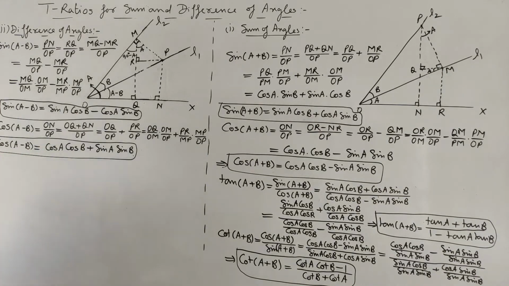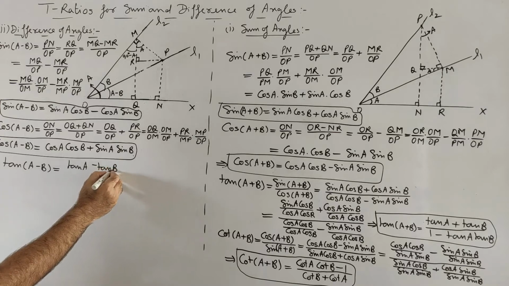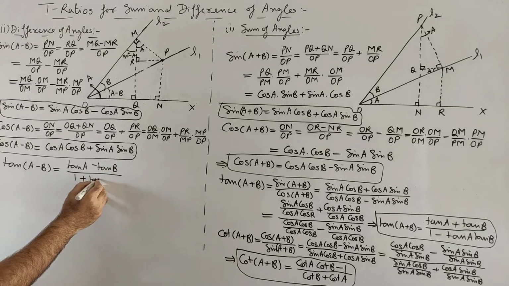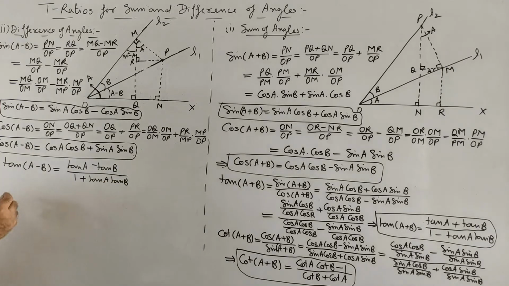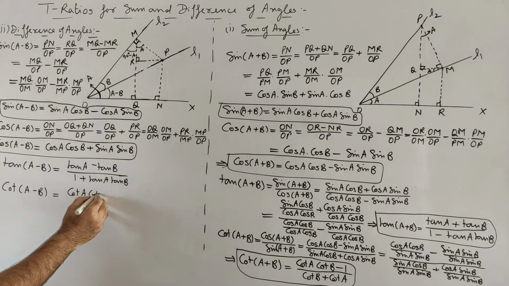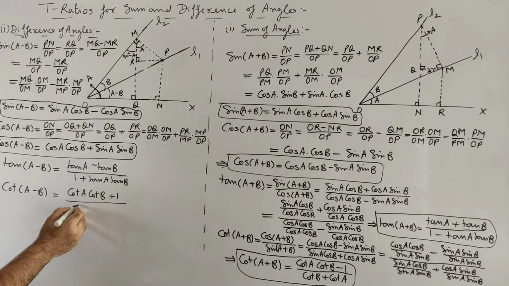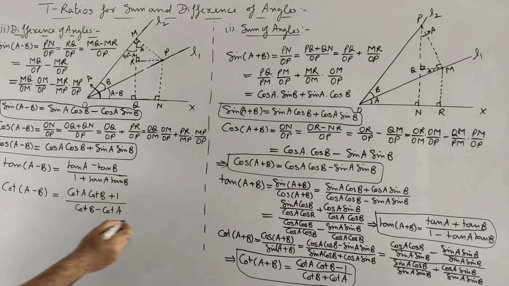And in the same way, by dividing sin A minus B by cos A minus B, we can find out tan A minus B. And this time tan A minus B will be tan A minus tan B upon 1 plus tan A tan B. Similarly, you can find out the formula for cot A minus B. Cot A minus B will be cot A cot B plus 1 upon cot B minus cot A in the same manner.